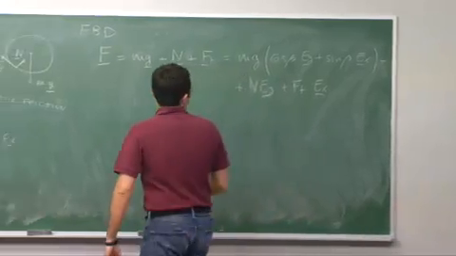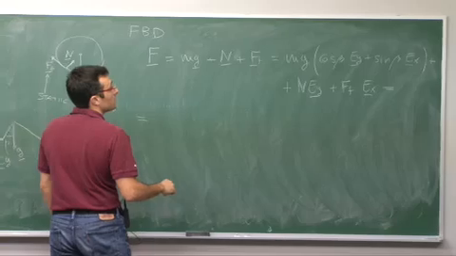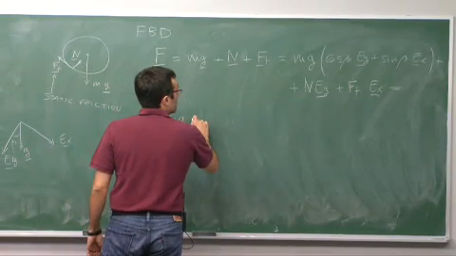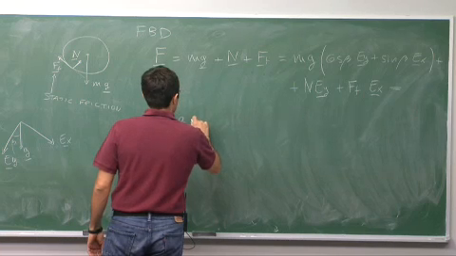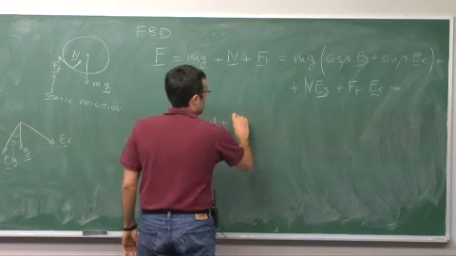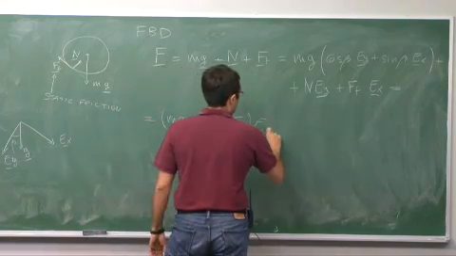Okay, so let me regroup this thing here. Let's see what we have in common. I have mg, let's do the EX, sine of beta plus F sub F. This is on EX, right?